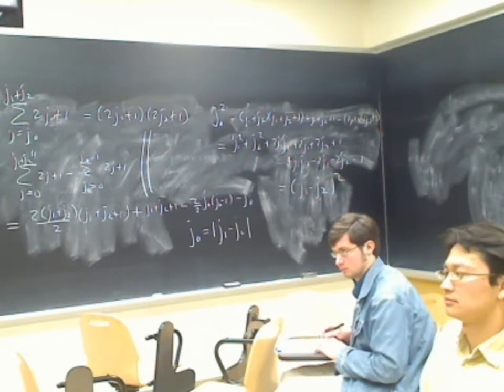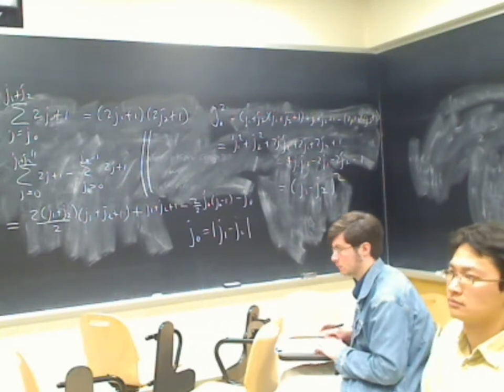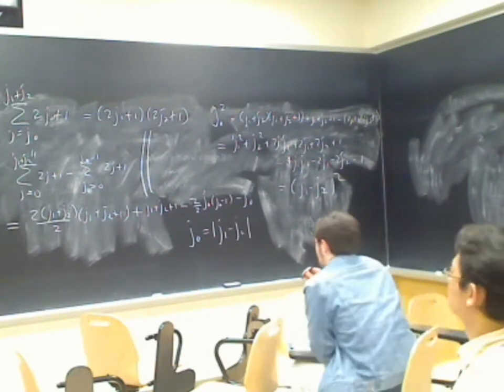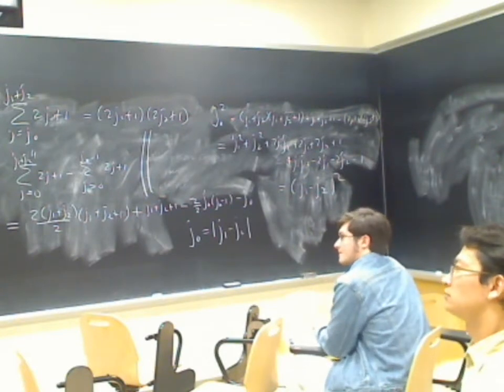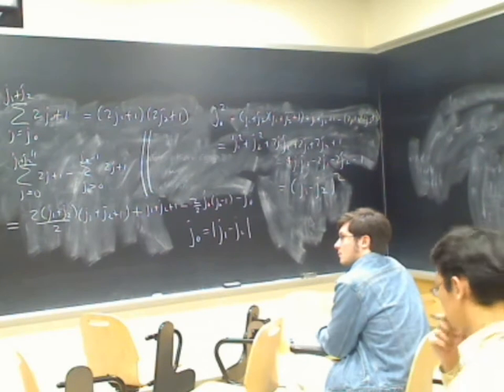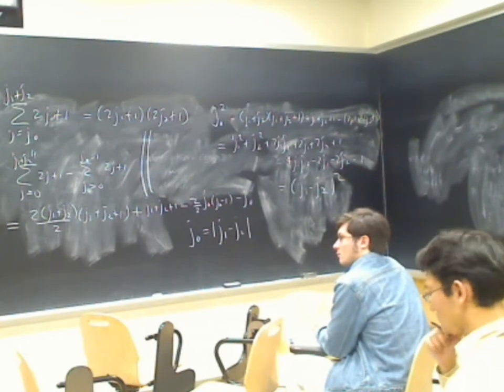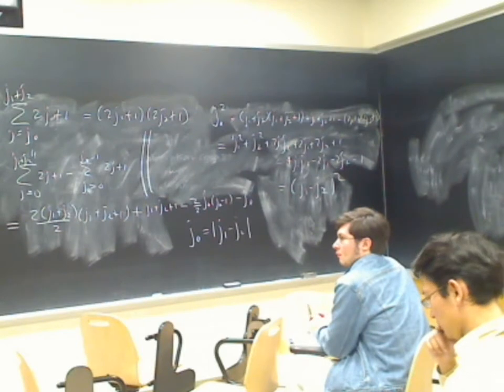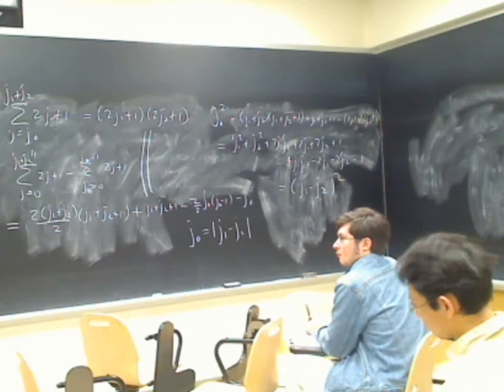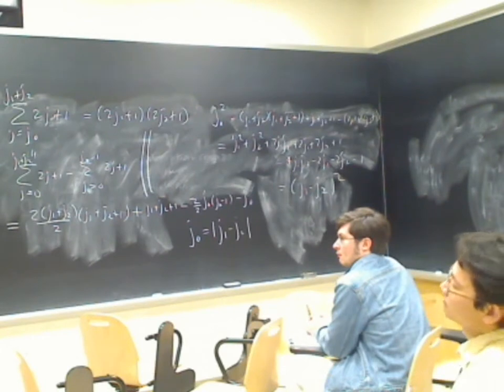And so now we have two bases, and we know what the states are. We have this set that we started with, and then we have this set where, of course, m is less than or equal to j, greater than or equal to minus j, and j is less than or equal to j1 plus j2, and greater than or equal to the absolute value of j1 minus j2.